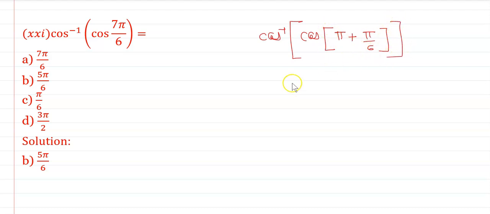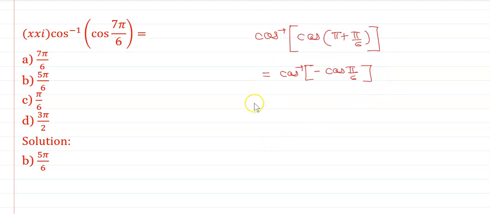We can draw this like this. It goes in the third quadrant and therefore here you will have minus cos of pi by 6.